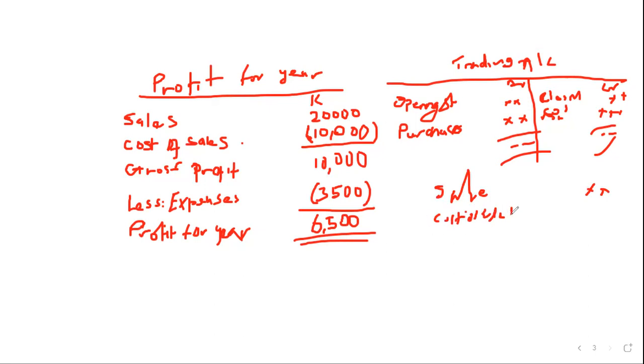So under the cost of sales, you are going to have, first of all, the opening stock. You have the opening stock here. Then you have your purchases. The purchases that you have made, you add them to the opening stock.